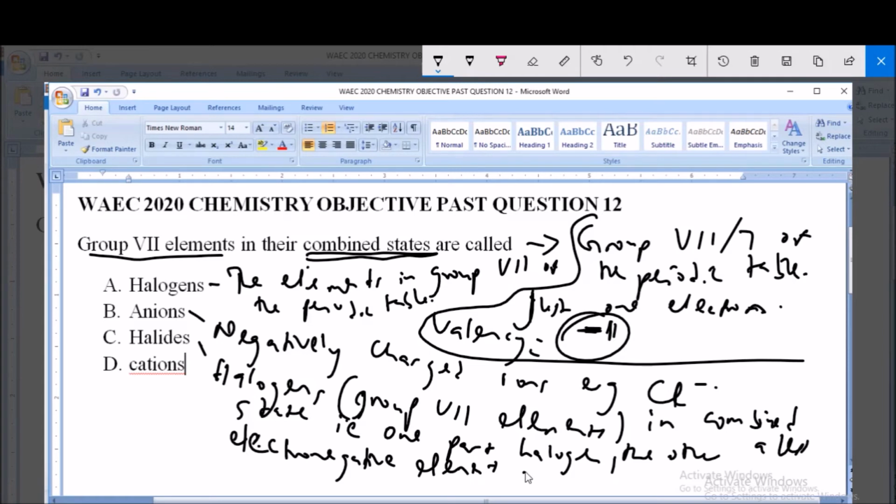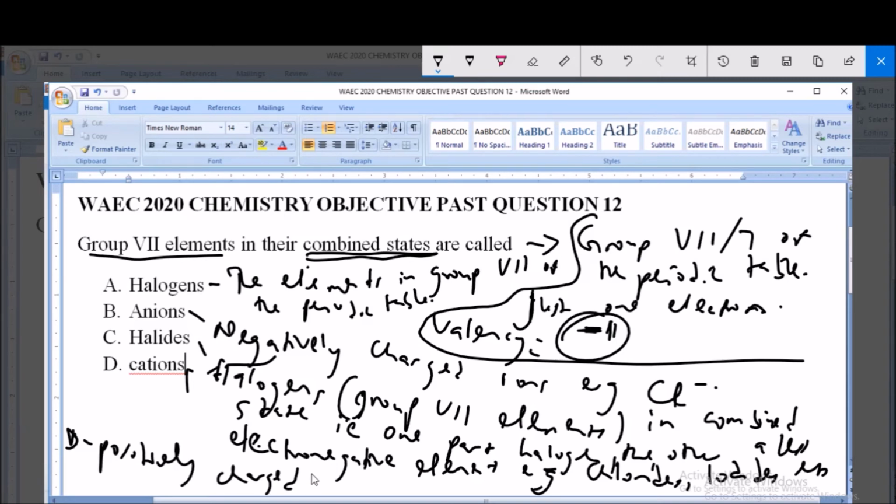So you have, for example, chlorides, iodides, etc. And lastly, the cations. Cations are positively charged ions, for example the sodium ion or the magnesium ion, etc.